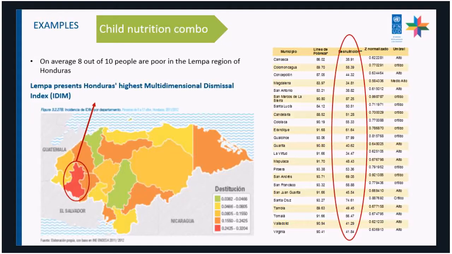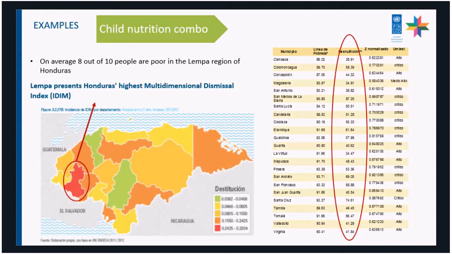In Honduras, we're focusing on malnutrition with a multidimensional program called Vida Mejor, and it focuses on peasant communities in the southern part of the country. This is a region that has some of the highest rates of infant mortality in Latin America and the Caribbean. It's a place where there's very little access to water and health services.